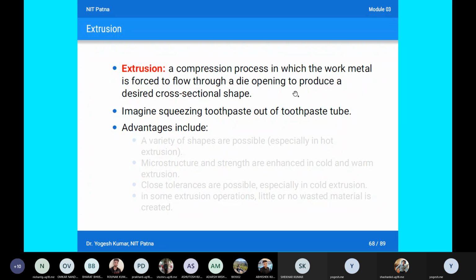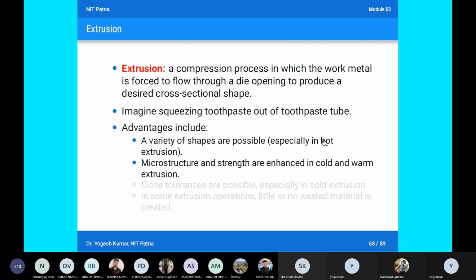The advantages of the extrusion process are that a number of shapes can be generated using it. The microstructure and strength are enhanced with the help of the extrusion process. In terms of accuracy, close tolerances are possible in the case of extrusion processes, especially in cold extrusion.